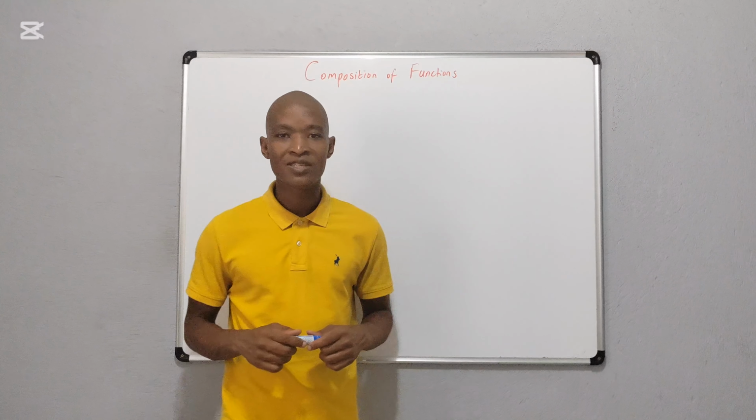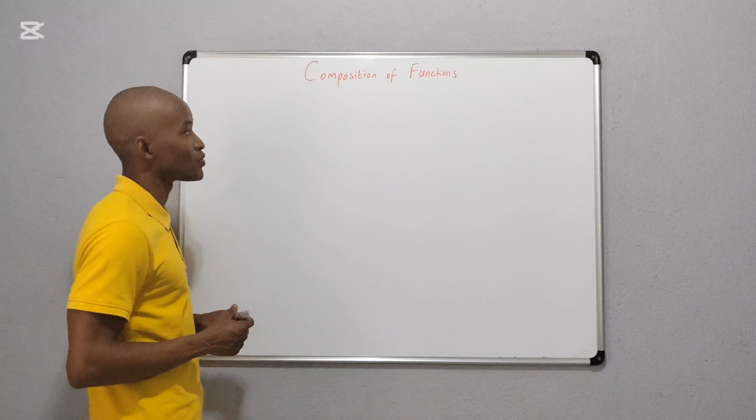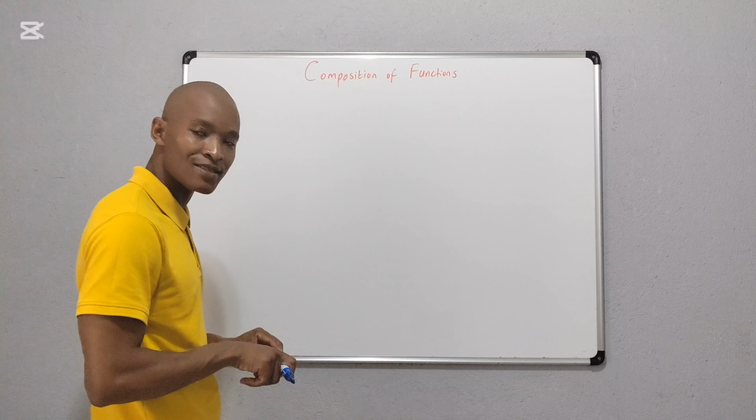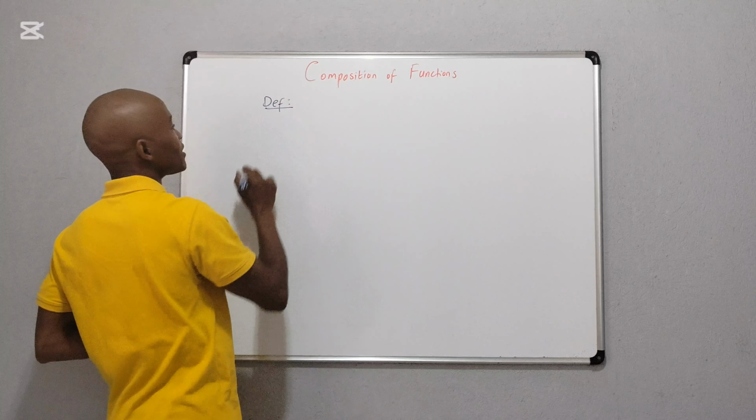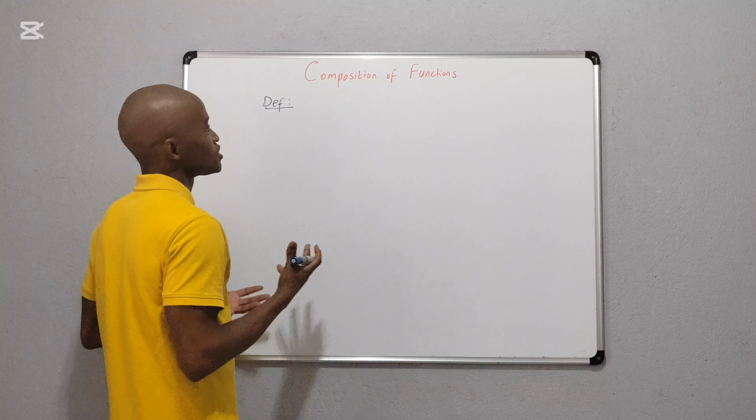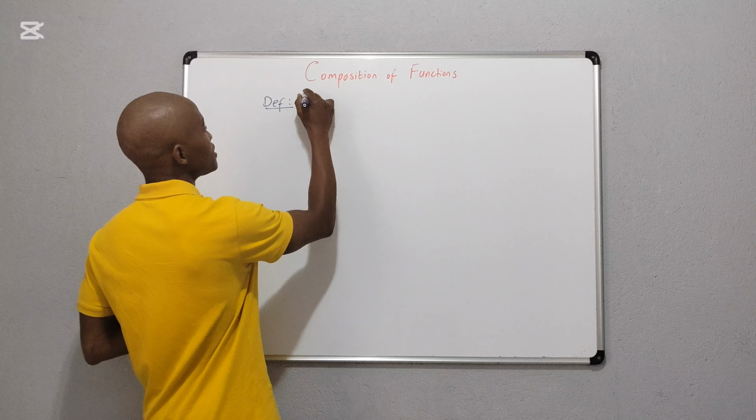Okay, so to start us off, we will definitely start with a definition, as is the standard practice, so that we know what we are dealing with. Right, so the definition of a composition of functions is as follows.